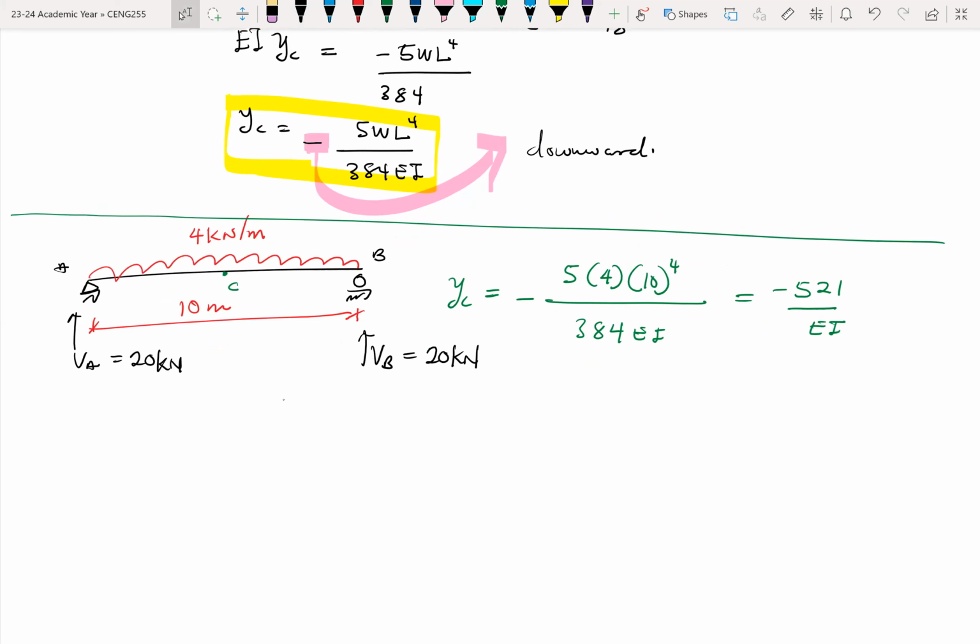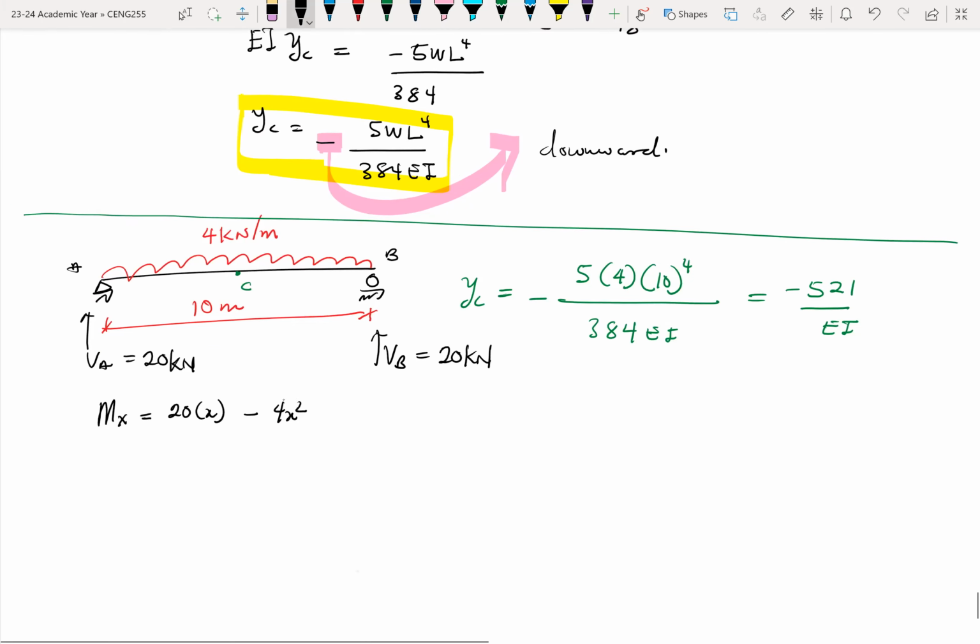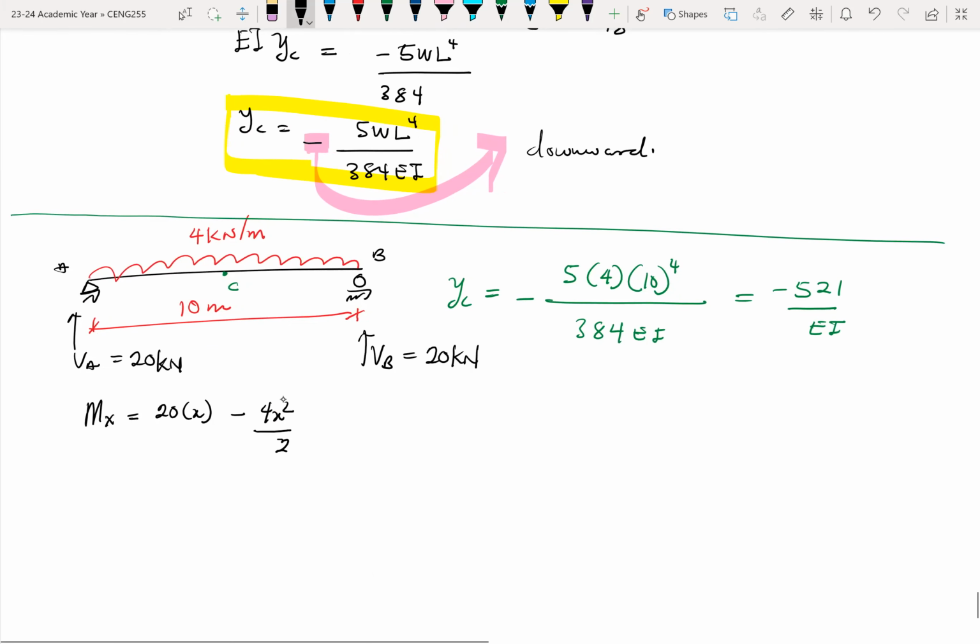So if VA and VB are these values, then the equation for the moment M(x) is 20 times x minus 4x squared over 2. So that should give us 20x minus 2x squared. All right. So I can integrate this twice.